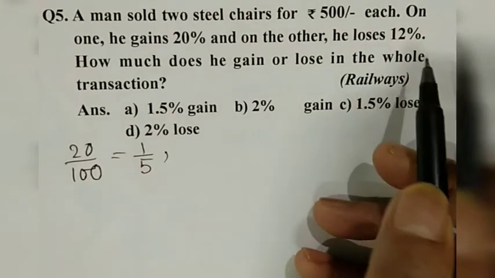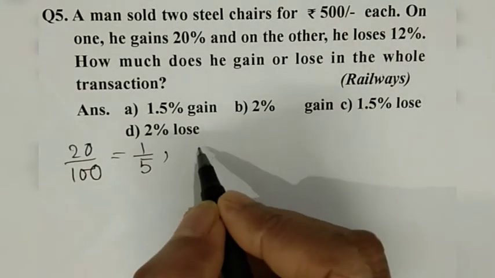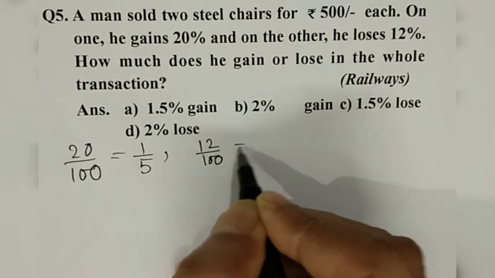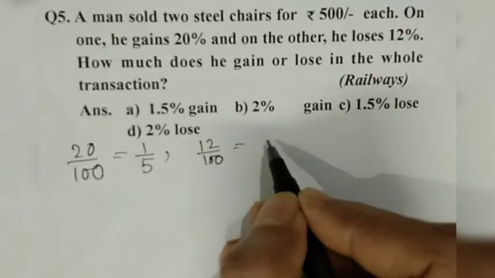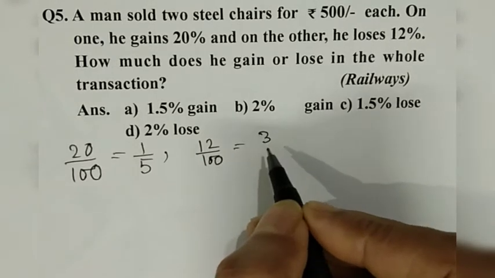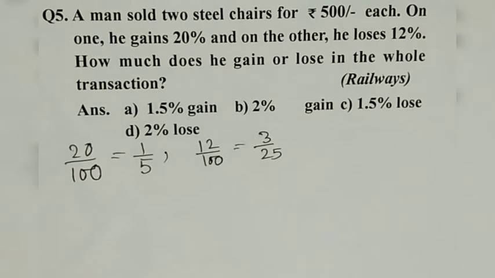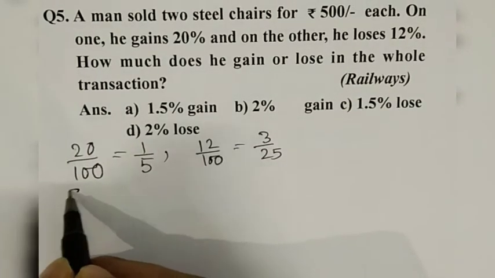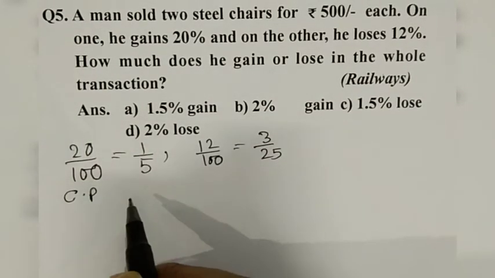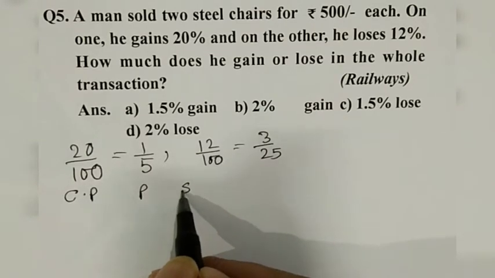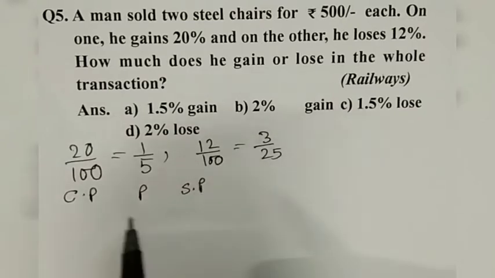He loses 12%. Then we can write 12 by 100 means 3 by 25. Cost price, profit and selling price.